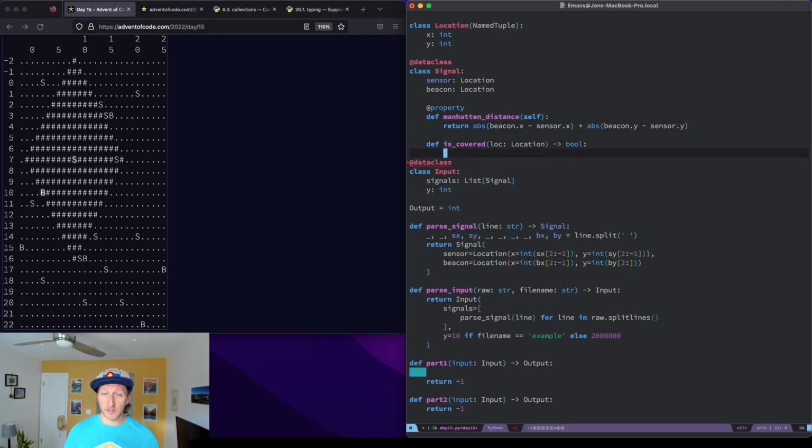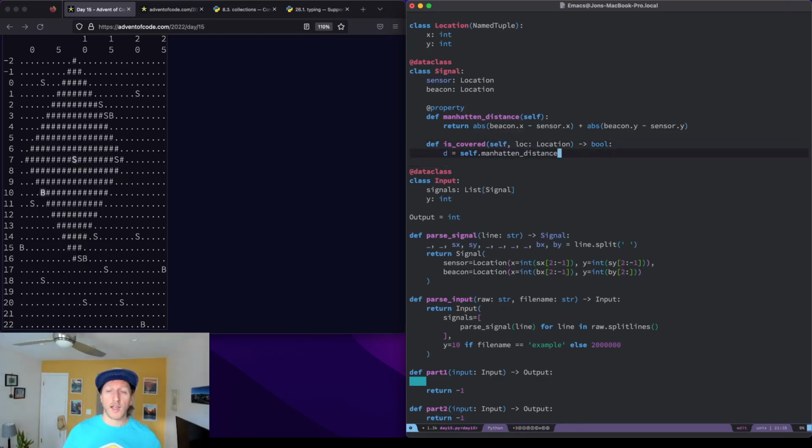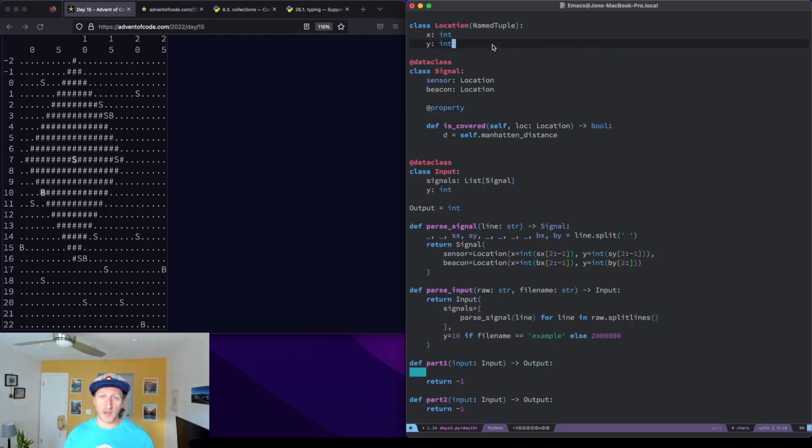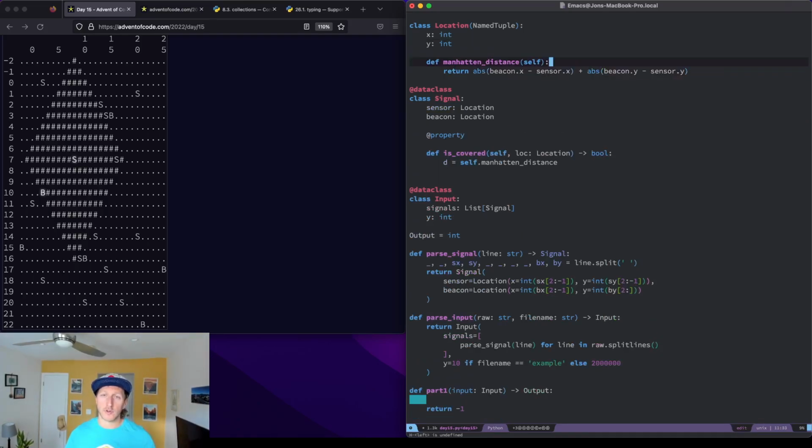And for is covered, we take that distance and look at the distance to... actually, what we want is this function to be outside of signal. Sorry, because we want to call it on arbitrary locations.